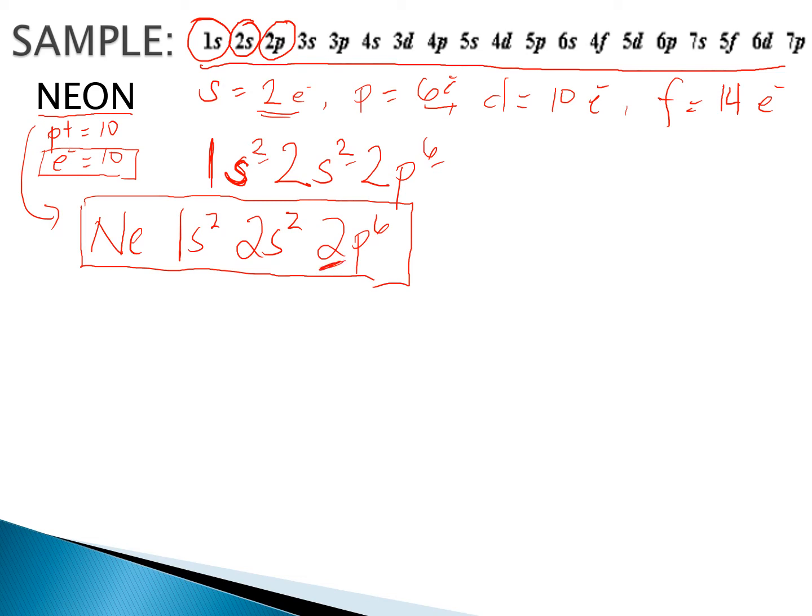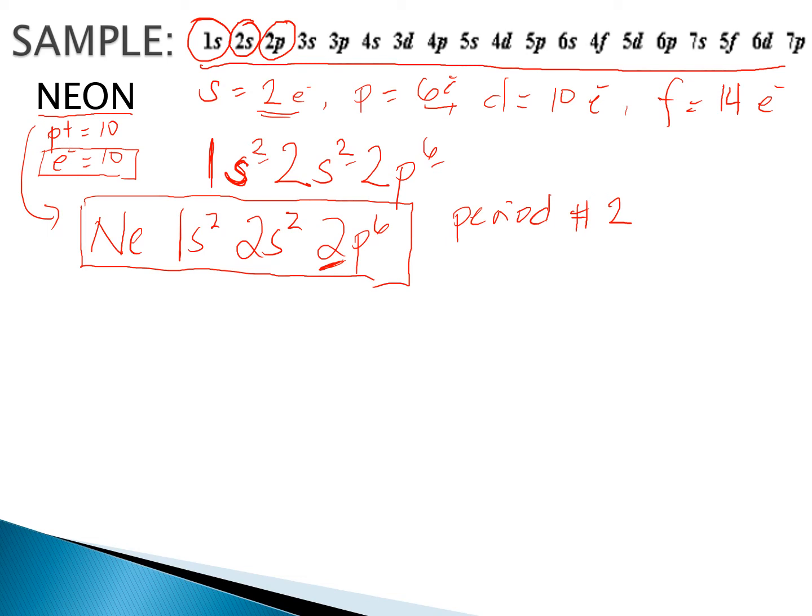This is the greatest number here. So what does it mean? It means that neon belongs to period number 2. Okay? So neon belongs to period number 2.